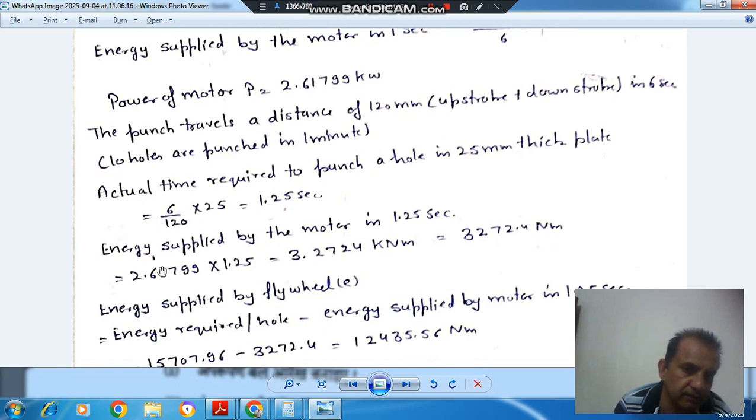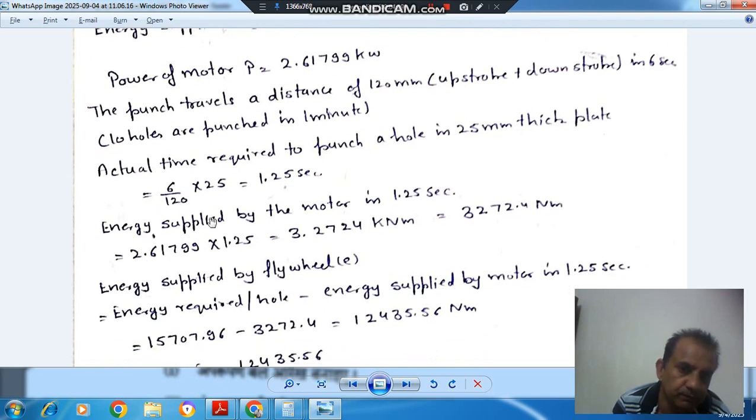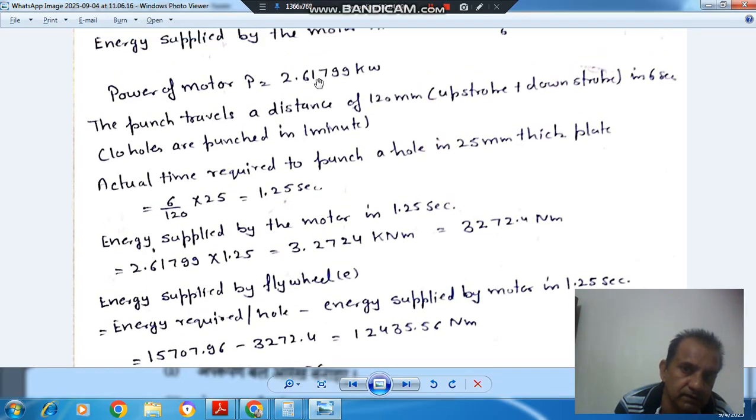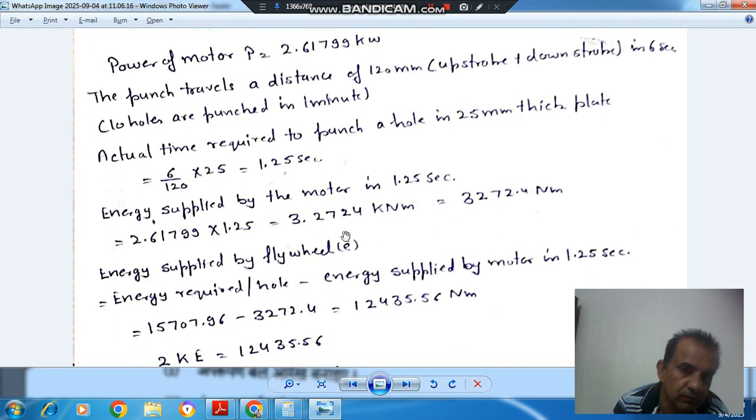During actual punching the energy is supplied by the motor also, and the motor is supplying 2.61799 kilonewton meter per second. In 1.25 seconds it will supply 3.2724 kilonewton meter, or 3272.4 Newton meter. That is the energy supplied by the motor in 1.25 seconds.